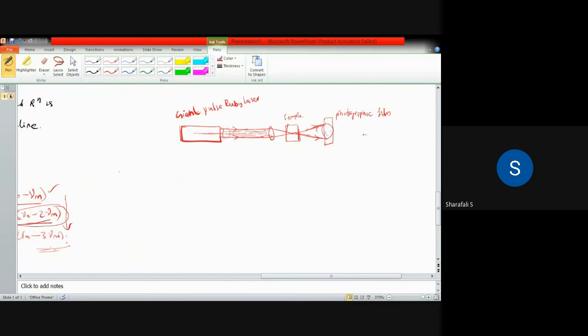If you observe that circular pattern on a photographic film or plate, the center will be very dark. If you are using nitrobenzene, you will get a very dark red spot at the center, which means very high intensity there.